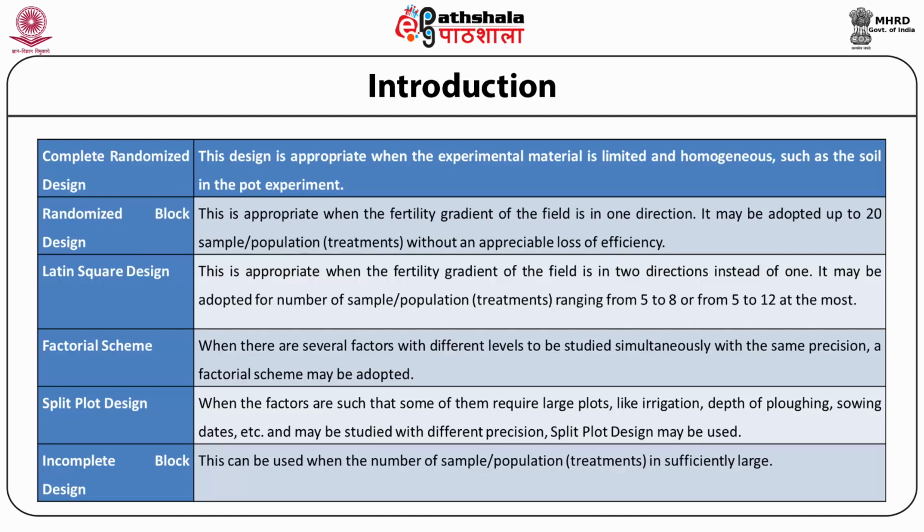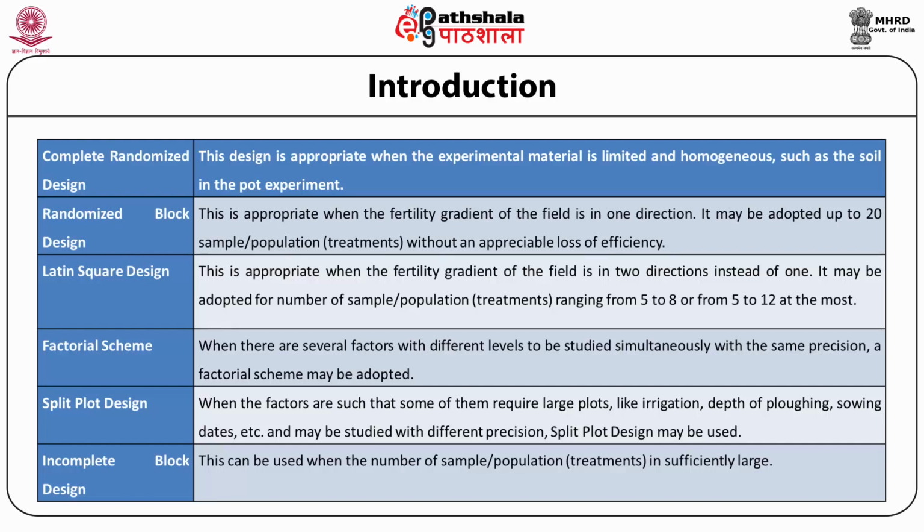Maybe you want to see the impact of different types of food on a category of patients or persons, like with a weight from 60 to 70 kgs, that may be block 1, then 70 to 80 kgs block 2, and like that maybe 50 to 60 kg block 3. So in that case you use randomized block design.